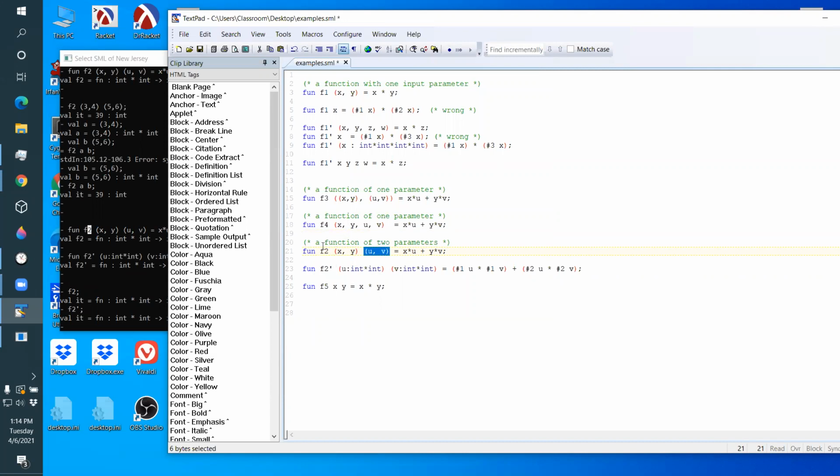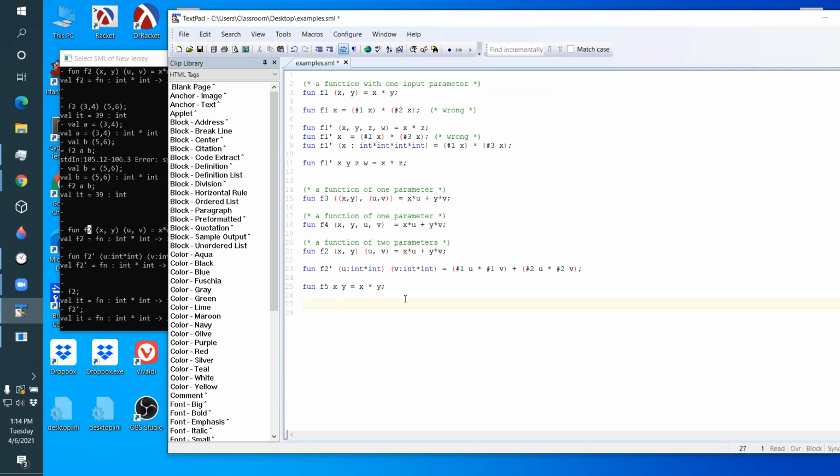In ML, curried functions, which are functions of more than one variable, have their parameters separated by spaces. If you see commas, there are tuples involved, okay? So that's all one parameter, one single tuple made up of 2 tuples. This is one single parameter that's a quadruple, okay?